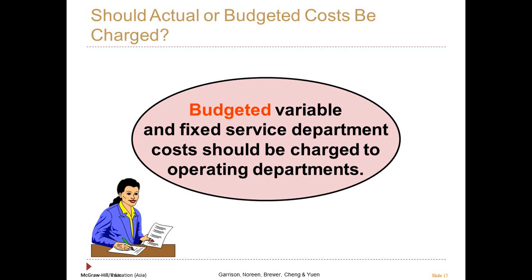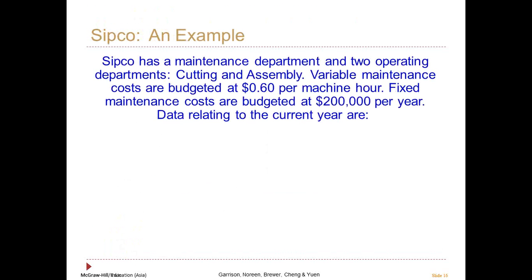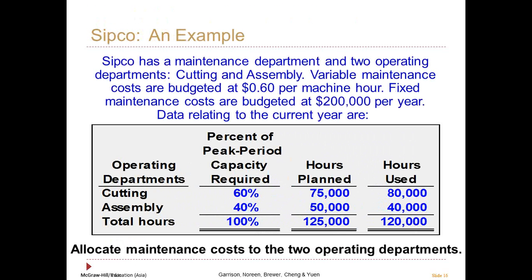So let's look at an example of allocating costs by behavior. A company, SIPCO, has one service department called maintenance and 2 operating departments, cutting and assembly. Variable maintenance costs are budgeted at 60 cents per machine hour.